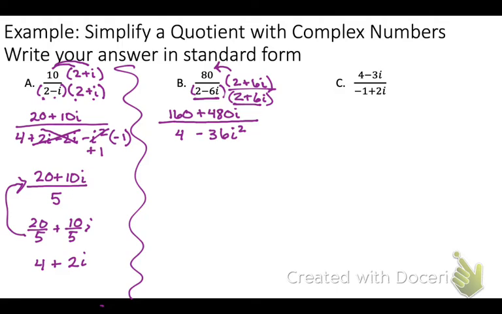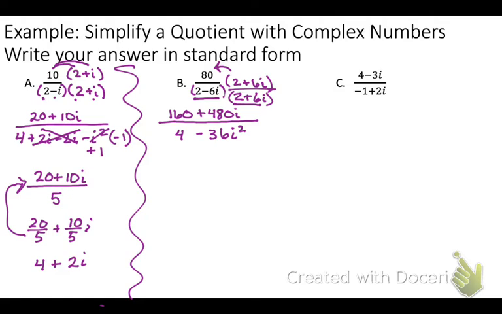Yes? That's what you were supposed to be doing. Should be 160 plus 48i over 4 plus 36. Okay, we're getting there. Now you're going too far ahead.